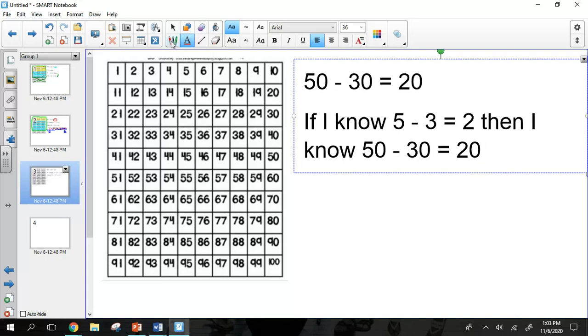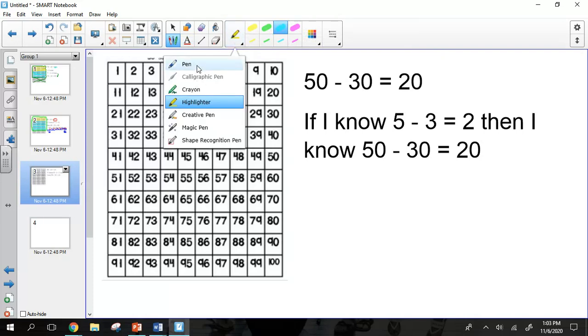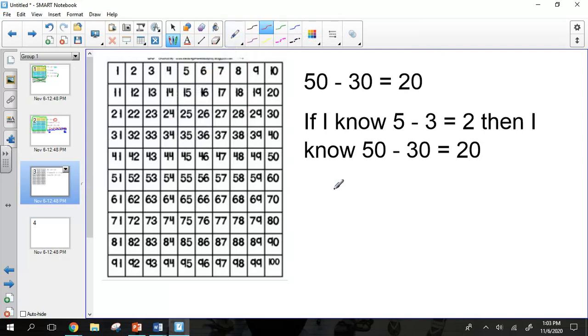Well, what about that picture model? We haven't really shown that, but that is absolutely a wonderful strategy. You can draw them. I could pull in our tens and ones, but I'm just going to draw it. So 50 is my whole. 10, 20, 30, 40, 50. How many am I taking off?